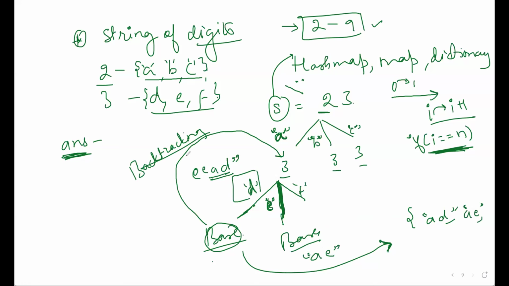And again after that, after triggering base condition, we come back, doing backtracking, and explore the third option, which is F. Once I take F, again base condition will be triggered because I'll try to access invalid index, and AF will be added. Once I'm done with this, again I backtrack.